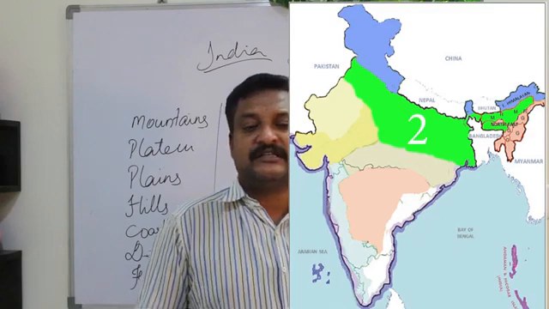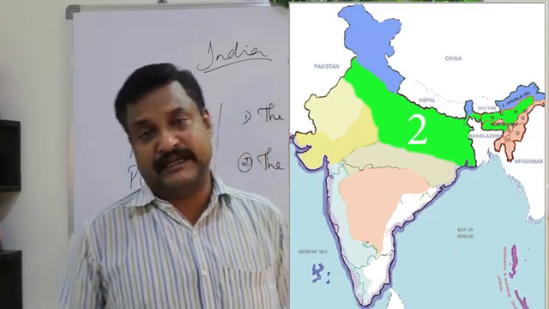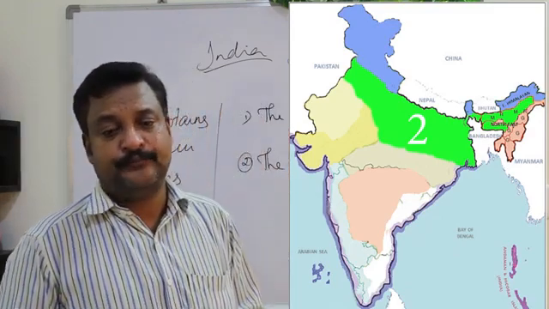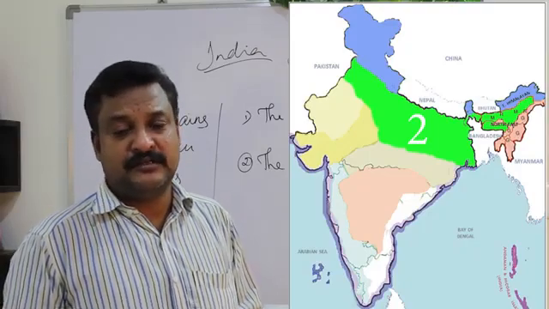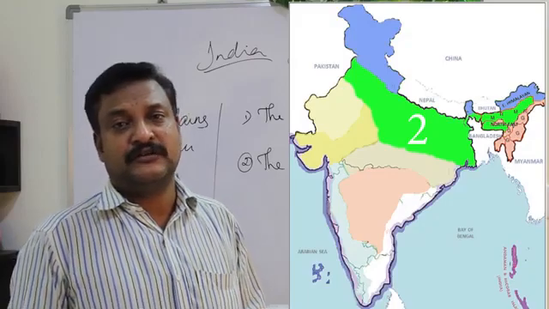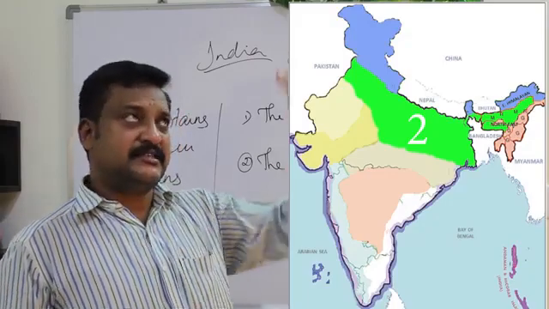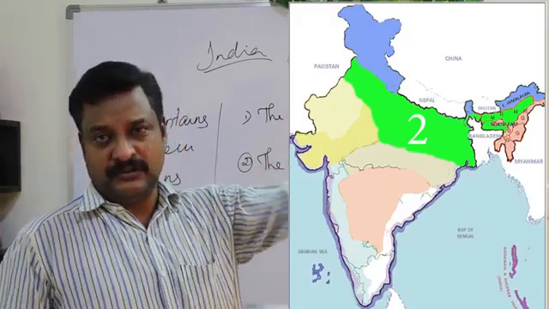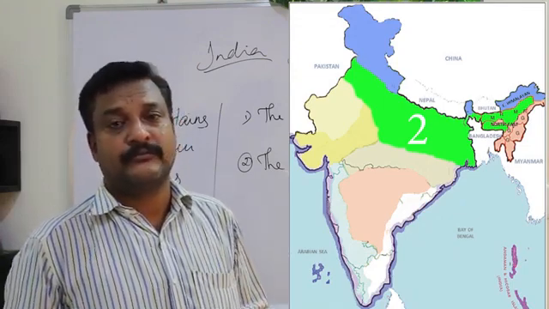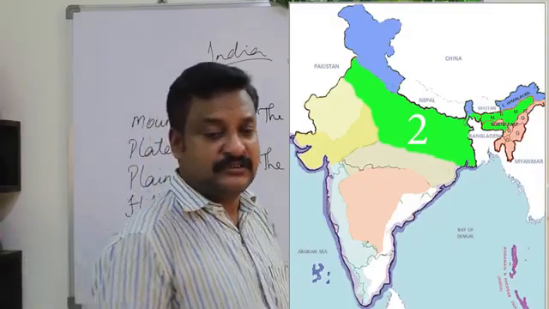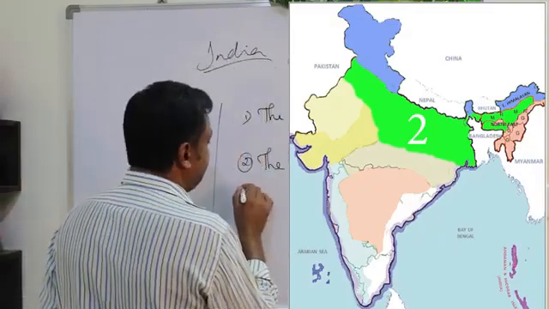So they are known as the northern plains. Can you see them in the map given over there? The northern plains lie just to the south of the mountains that we have in the north. Okay? Now, the third is the Great Indian Desert.